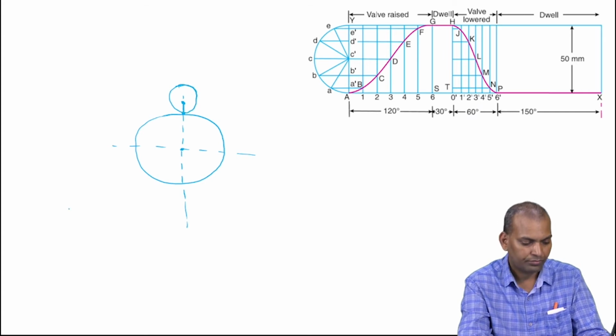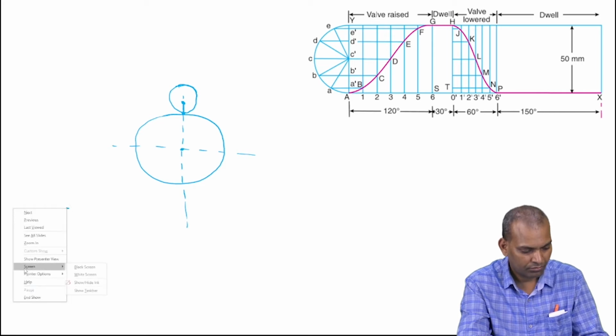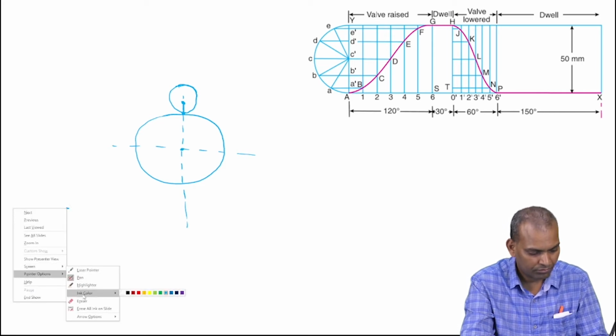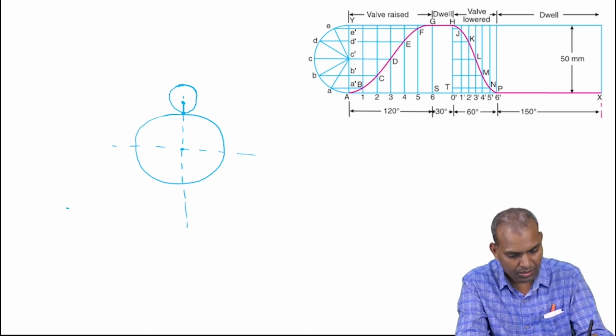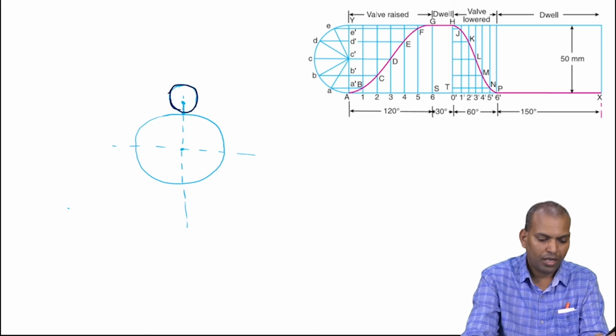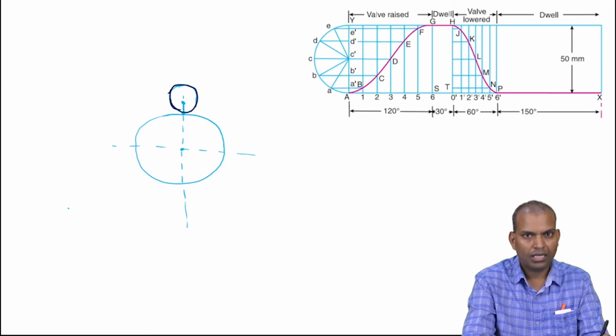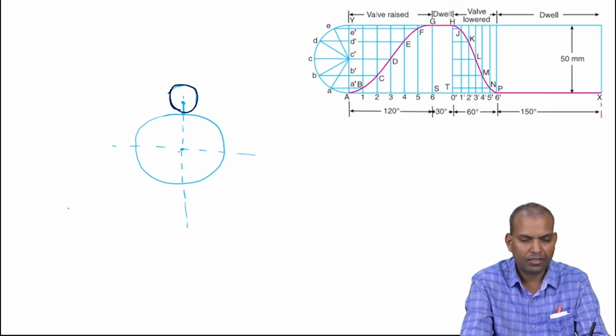Take a distance of 10 millimeters and draw the roller. This is the roller. Now draw a circle from the center of the cam through the center of the roller, with the help of a compass.